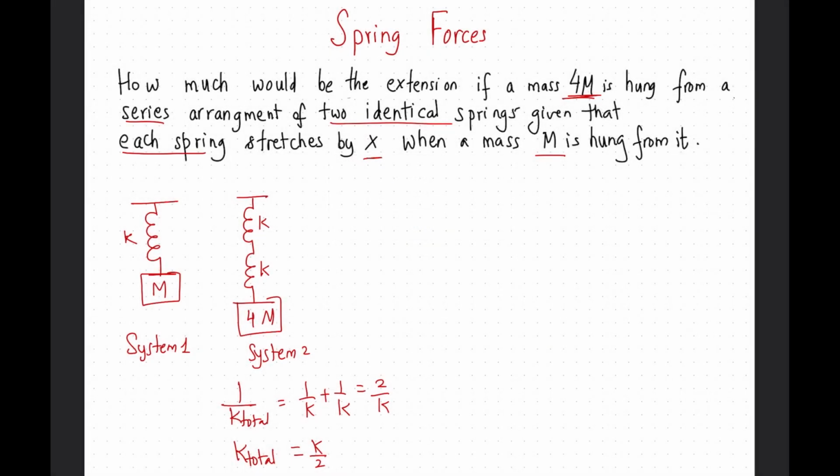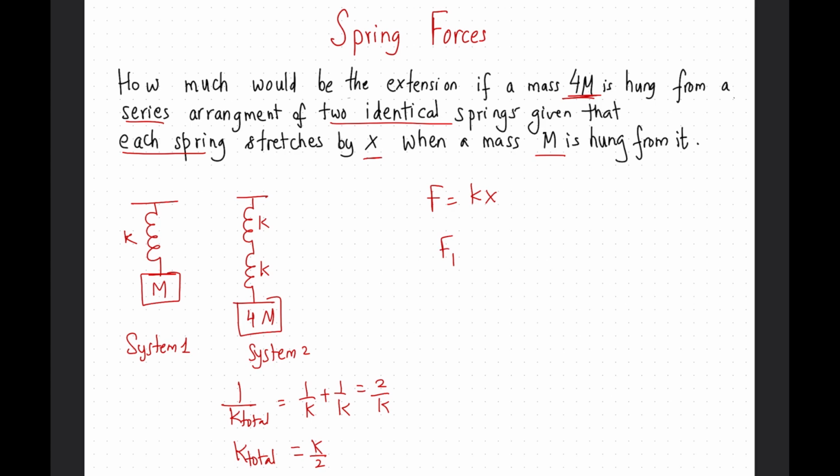Now let's write down F equal kx. That's Hooke's law. Again, I'm not taking the negative, we just want to compare. We can see that this time the force as well as the extension and the k, all of them are changing. Nothing is constant here.